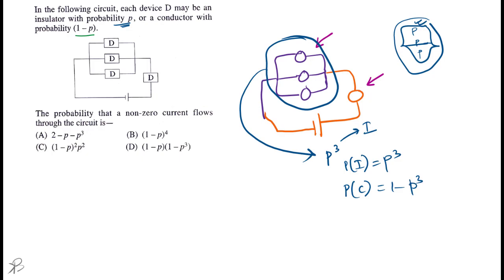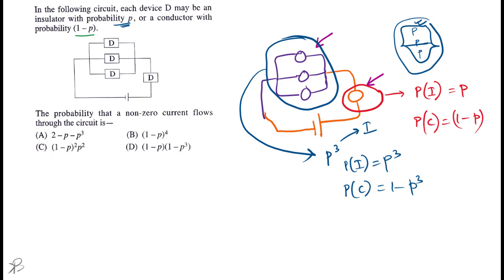Right? Now let's check the other circuit. Here P of being an insulator will be P. Probability of being a conductor is 1 minus P. So what is the probability that a non-zero current flows through the circuit?